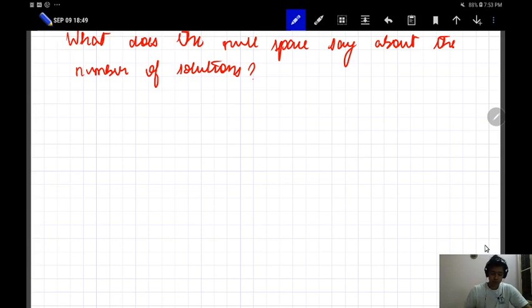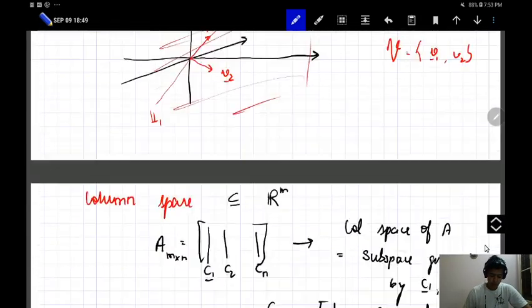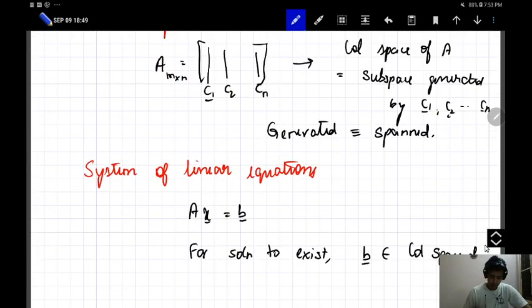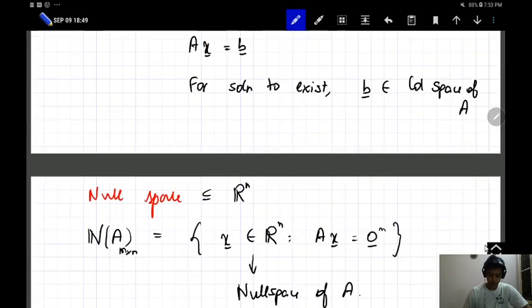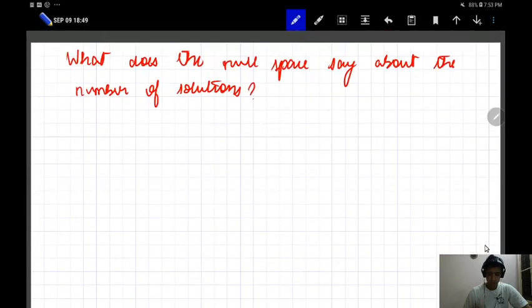So if b lies in the column space of A, then there exists at least one solution. There may be infinitely many solutions, but there exists at least one solution. The null space tells you whether the number of solutions is infinite or not.